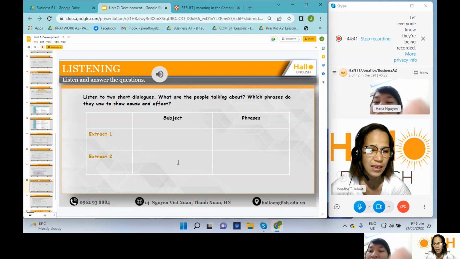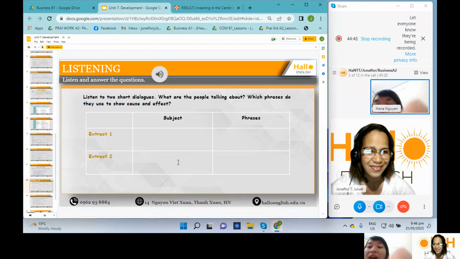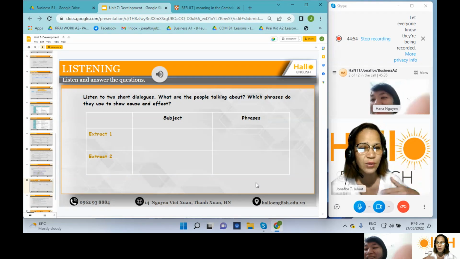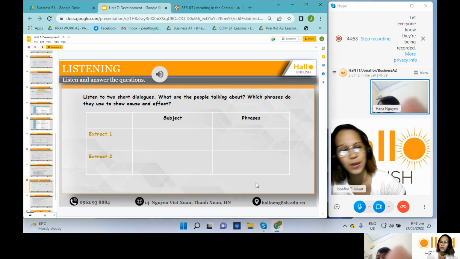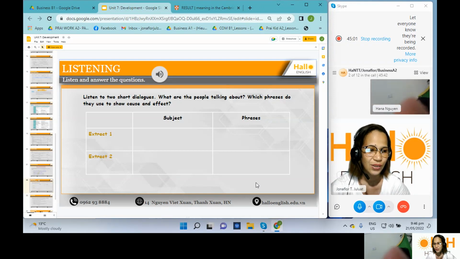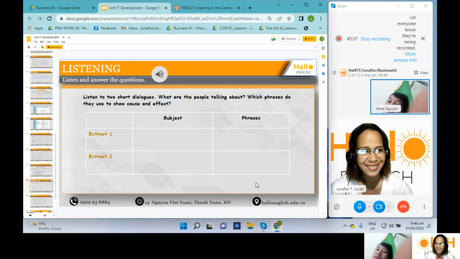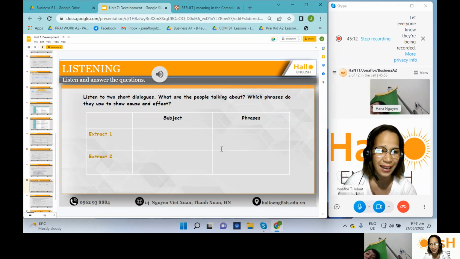So the whole system will be closed, right? Yes. So that's the cause. Their entire network is affected because of the virus. That's why the whole system is closed. So the phrase they use is "caused by," right?